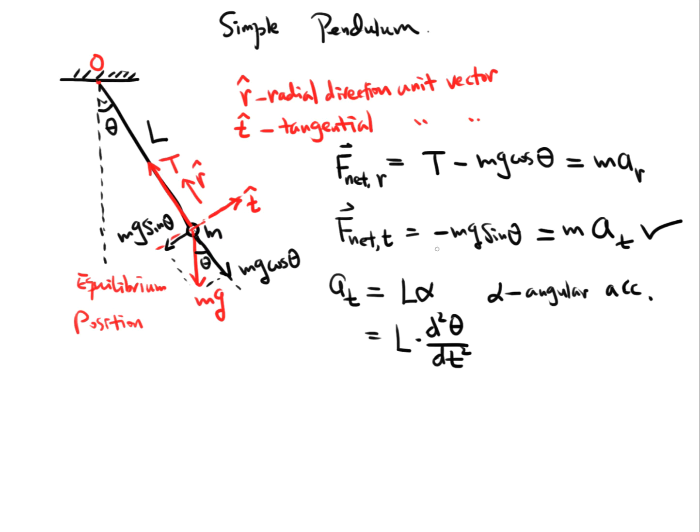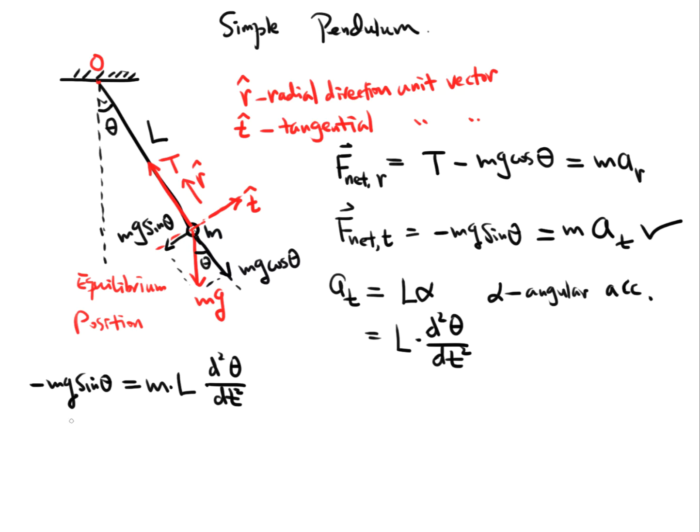Okay, so now let's rewrite the second equation as negative mg sine theta equals m times L times the second derivative of the angle theta with respect to time. And we're not yet arriving at the standard differential equation for simple harmonic motion because we have sine theta here instead of theta.